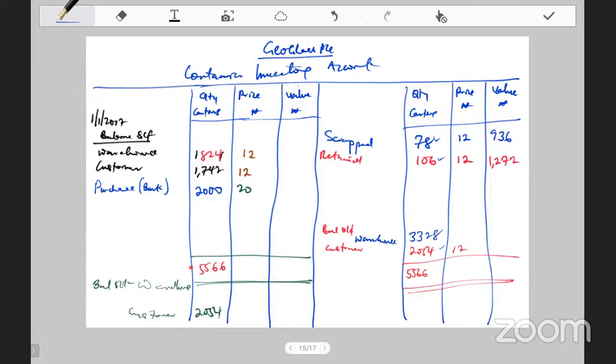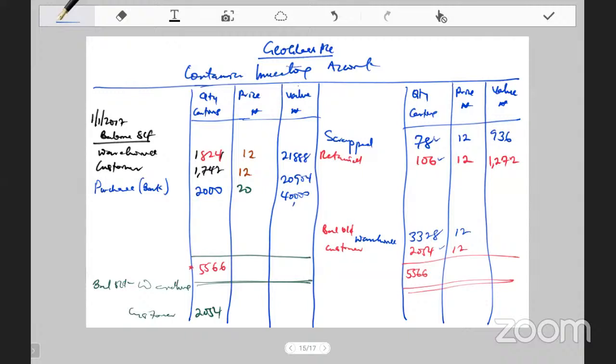3,328. So we'll fill in all the gaps and attach all values to all this. We have this as the book value. 1824 times 12 gives 21,888. Then 1,742 times 12 gives 20,904. Then the other one, 2,000 times 20, gives 40,000.